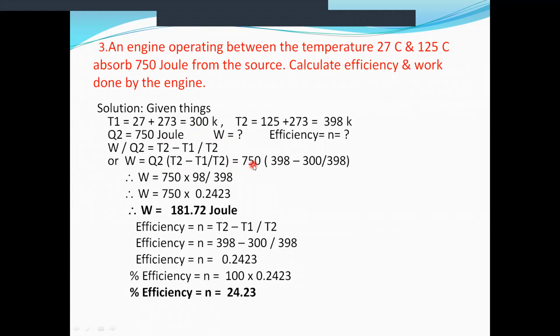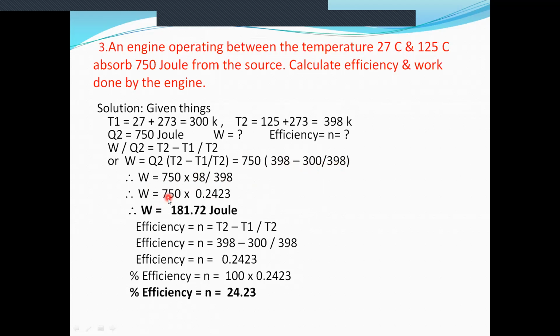Now put the values: 750 into, what is the value of T2? 398, minus what is the value of T1? T1 is 300, divided by T2, that is 398.